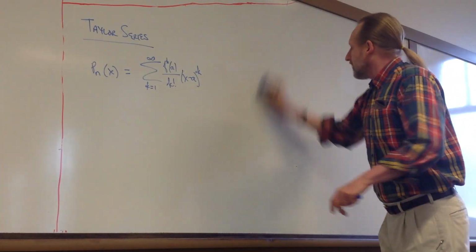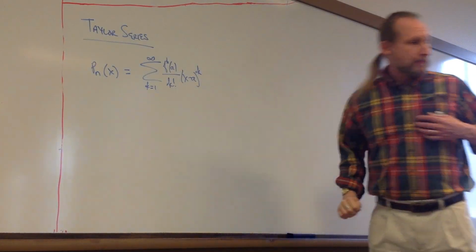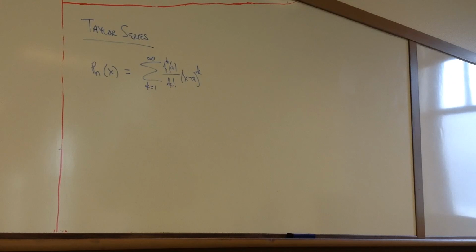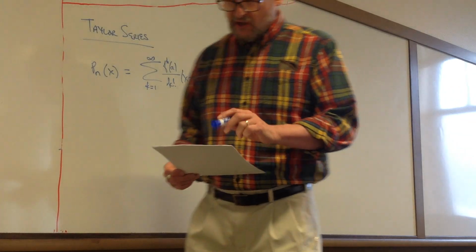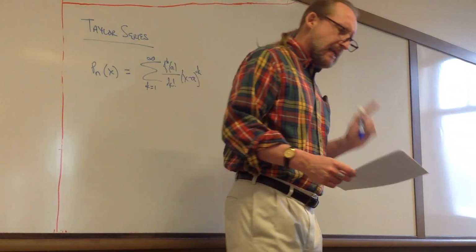Now let's look at some problems here. All right. So in the first set of problems in this handout, the first group of problems, it says, find the quadratic approximating polynomial for the given function centered at a equals 0.